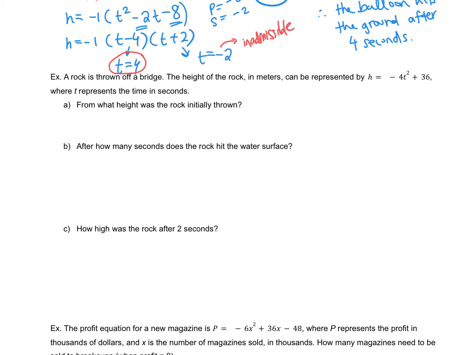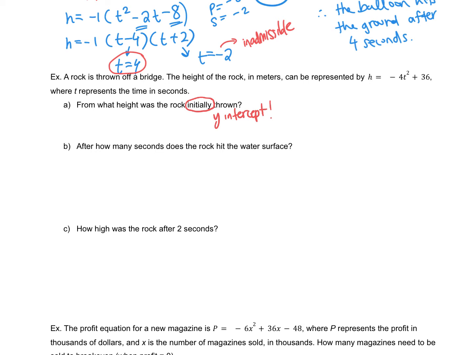Let's see. A rock is thrown off a bridge. The height of the rock in meters can be represented by h equals -4t squared plus 36, where t represents the time in seconds. Okay, from what height was the rock initially thrown? There's that word initially, making us think of the y-intercept. And our y-intercept is the constant.